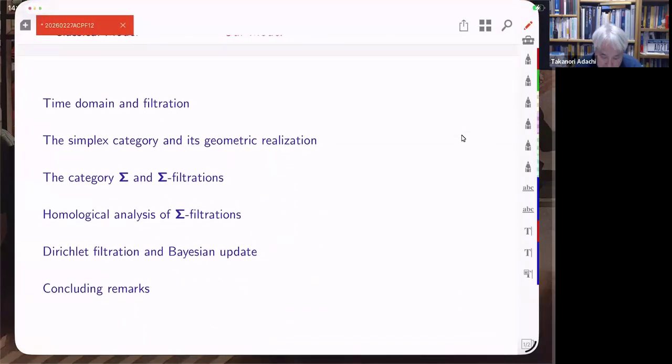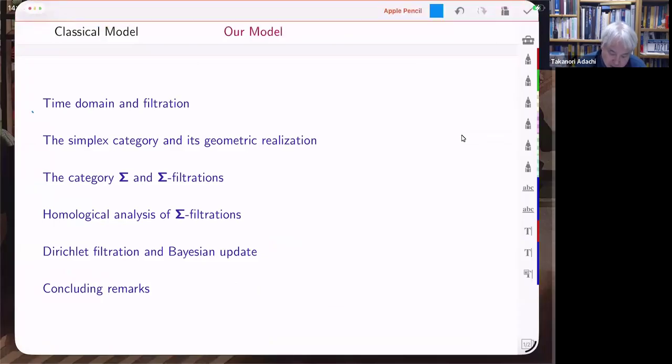This is the outline, starting from the time domain. The time domain is essential for this talk because it is not linear in this case, as there are lots of pasts leading to today. With this time domain, we define a filtration.